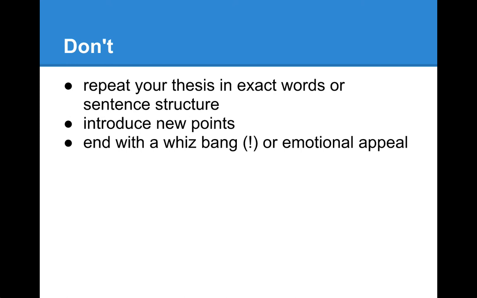No new information in the conclusion. You're closing everything off. And you should not try to end your conclusion with a whiz bang or an emotional appeal. So please, no exclamation points. Don't say, Alexander Graham Bell was the greatest person of all time, and if you don't love him, you're a dork. Or don't try and make it all mushy or sobby.